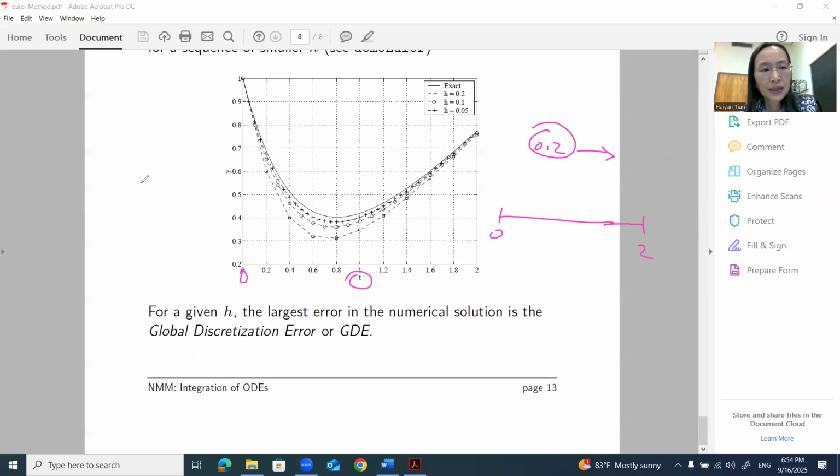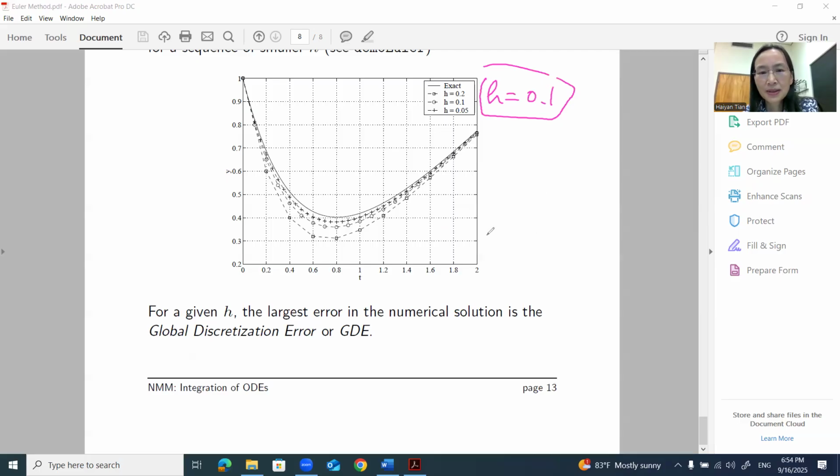But if you make a smaller step size, when h is 0.1, then how many steps you need to do? You would do 20 steps. So for this step size, we need 20 steps.